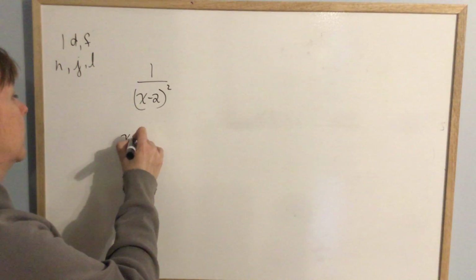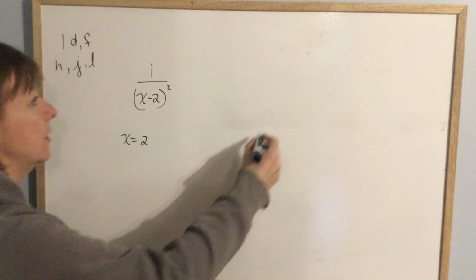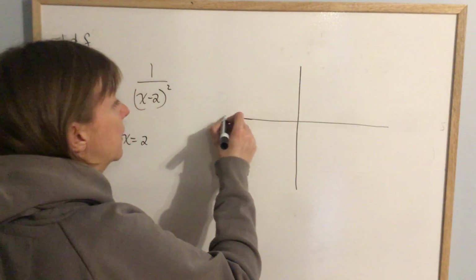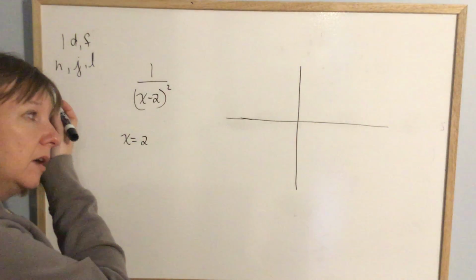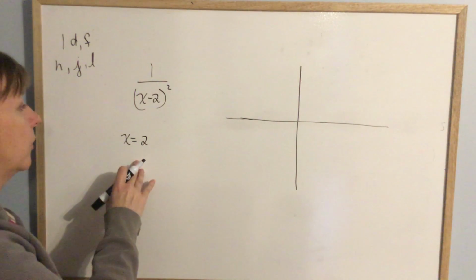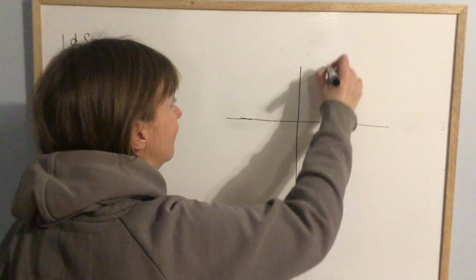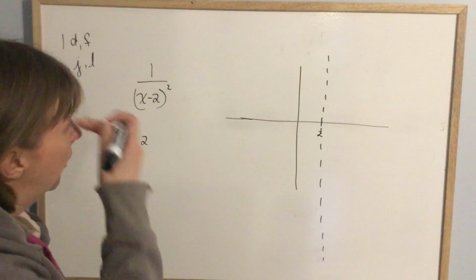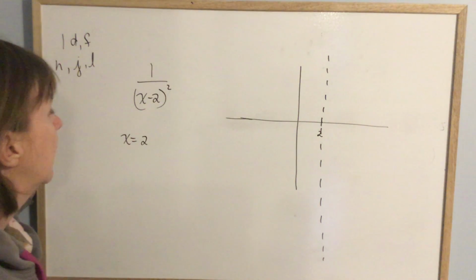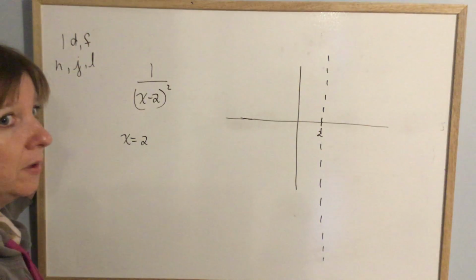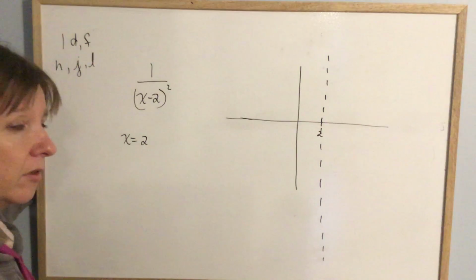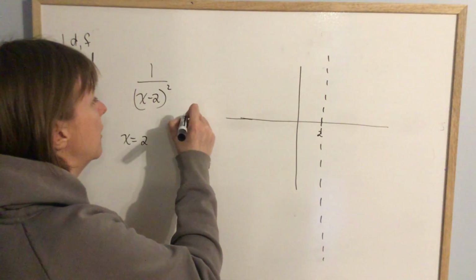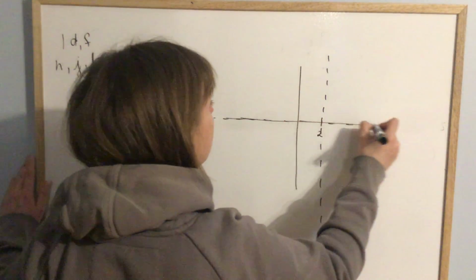I know that x is equal to 2 has to be an asymptote. I also know that there would be a horizontal asymptote where y is equal to 0.